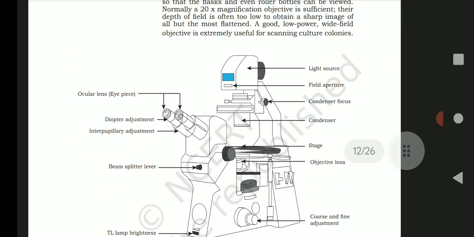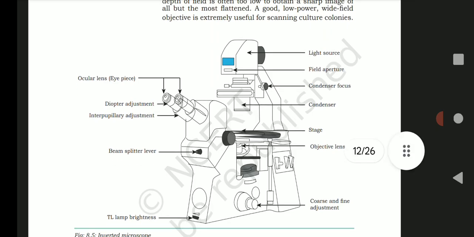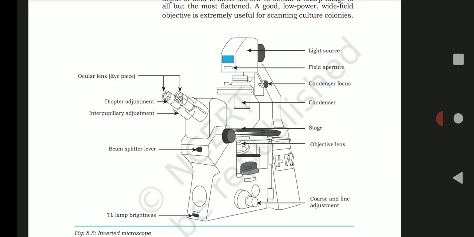Here we can see the light source on the top, and the field aperture is over there, and we have the ocular or eyepiece for viewing, and diopter adjustment to get clarity in the cell culture, and the stage, and the beam splitter is available, and the objective lens is found at the bottom of the stage, and coarse and fine adjustment for the clarity of the picture.